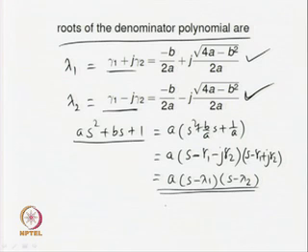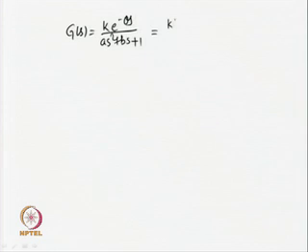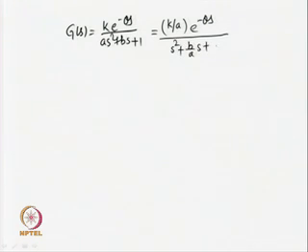Now, allow me to write the transfer function G(s), which is nothing but k e to the power minus theta s upon a s square plus b s plus 1, can also be written in the form of k divided by a times e to the power minus theta s. In the denominator we will have s square plus b by a s plus 1 upon a. Okay.